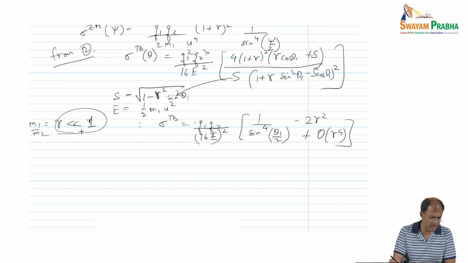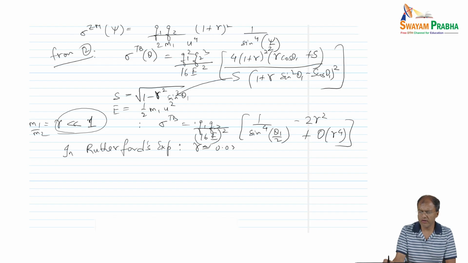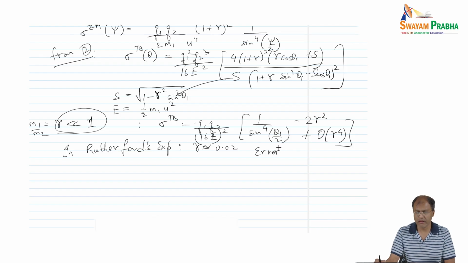Okay, so if you go back, for example, to Rutherford's experiment, gamma was found to be roughly 0.02, and in that case the error in this two body cross section density, if we use this formula, was roughly 0.01%.